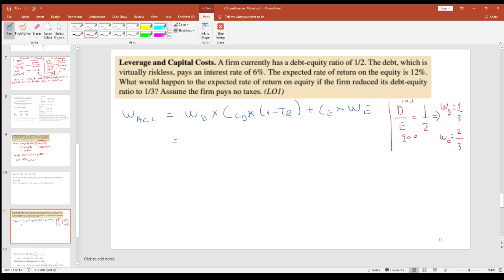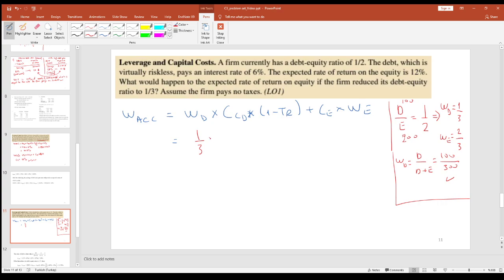So weight of debt means debt divided by debt plus equity, which means 100, for example, divided by 100 plus 200, which is 300. You see, this is 1/3.